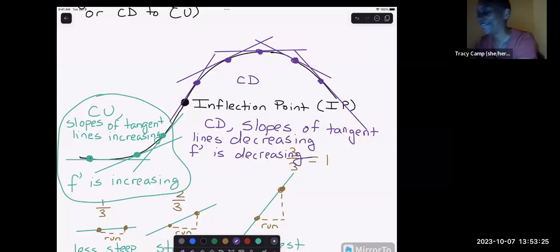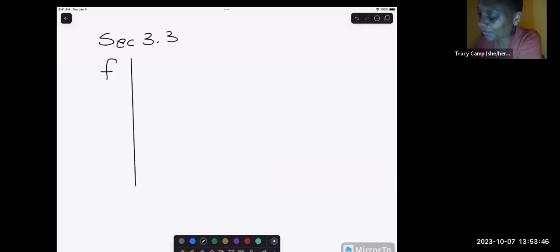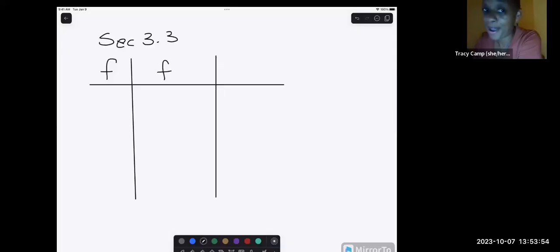So we're going to put all this information together by going back to section 3.3. In section 3.3, I made a little chart. This is what my chart looked like. It had a column for F. It also had a column for F prime. And now for section 3.4, we're going to include a column for F double prime.